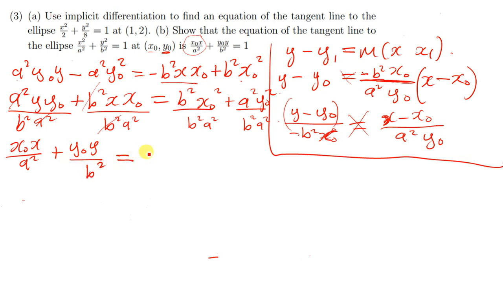This is equal to x naught squared over a squared plus y naught squared over b squared, after the a squared cancels.